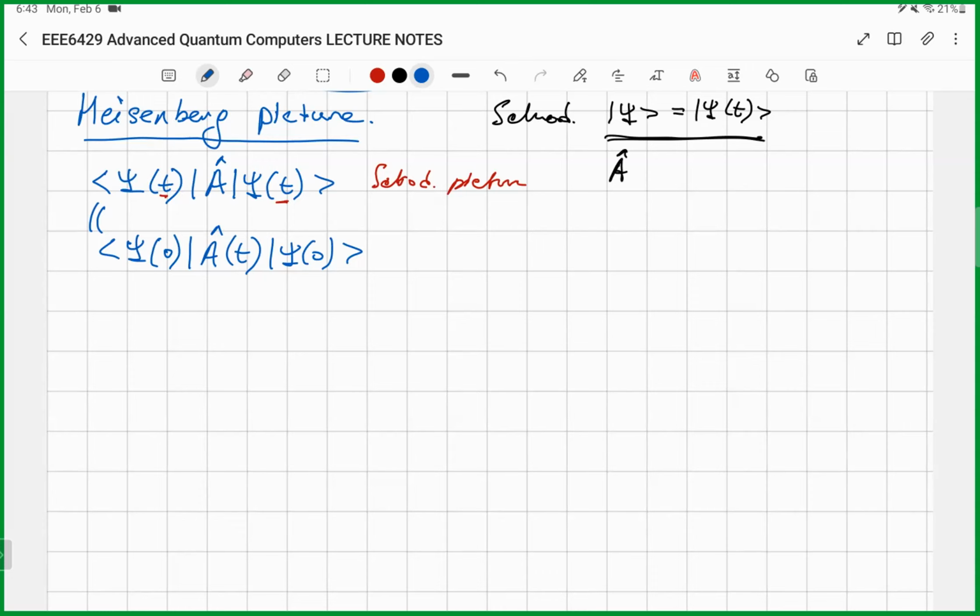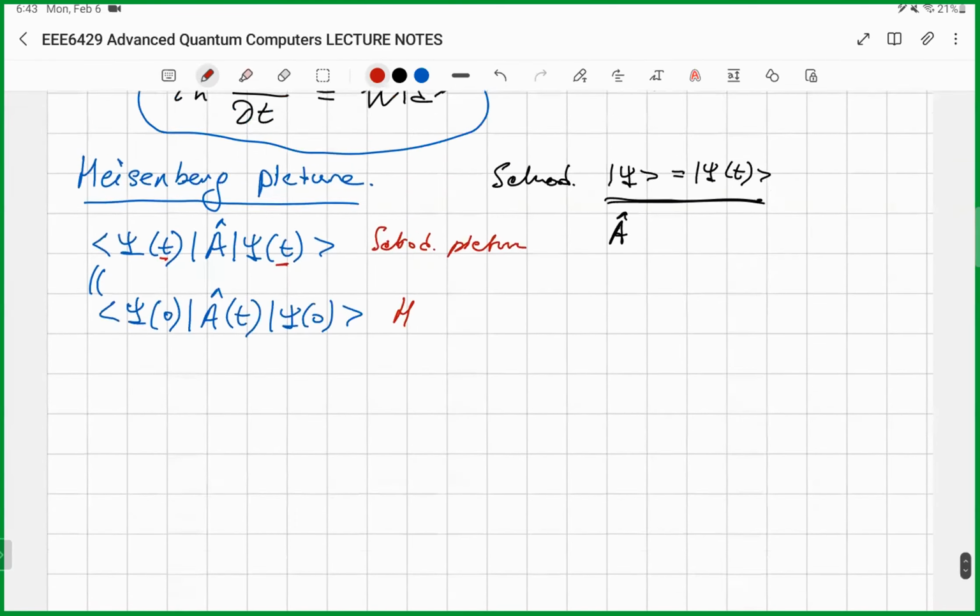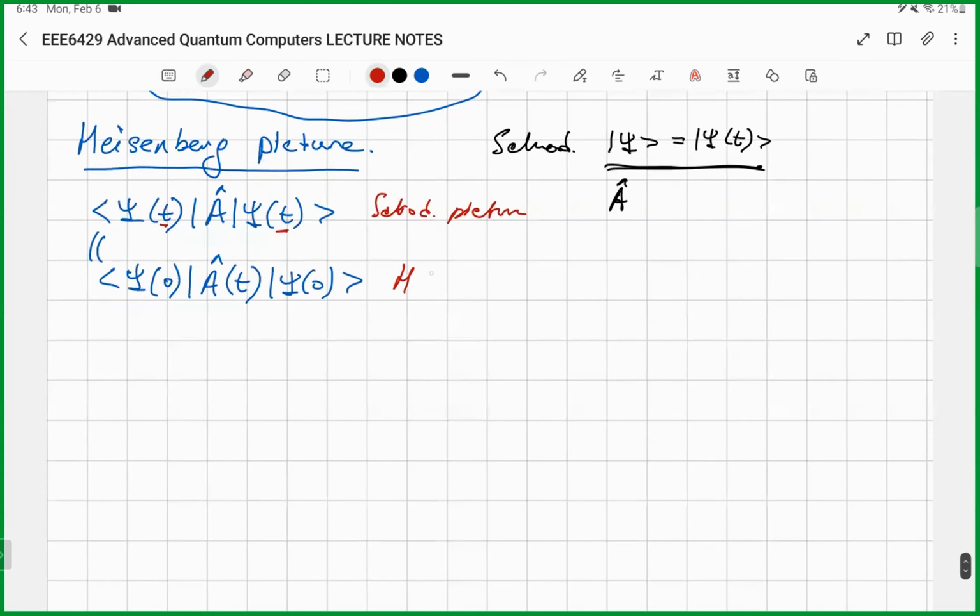And of course, the answer is yes, and the matrix element written in this form is basically a matrix element in the Heisenberg representation, Heisenberg picture. How do I do so?